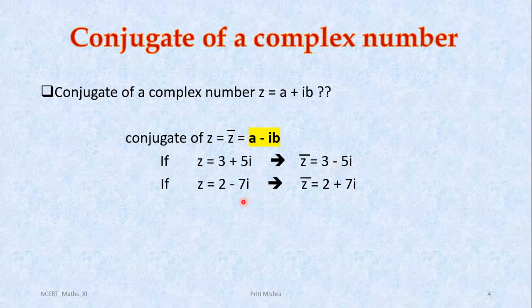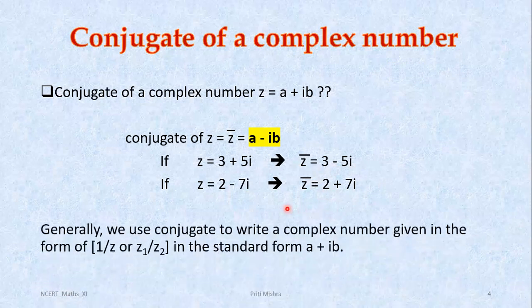If z is equal to 2 minus 7i, then its conjugate z bar will be 2 plus 7i, right? So generally we use conjugates to write a complex number given in the form of 1 by z or z1 by z2 in the standard form a plus ib. So this is the use of the conjugate of complex numbers.